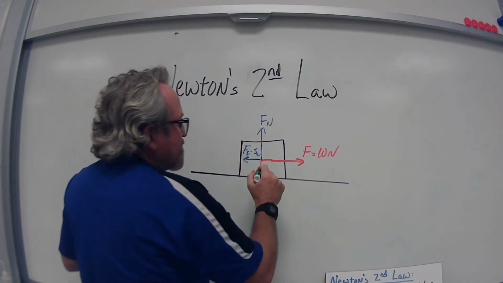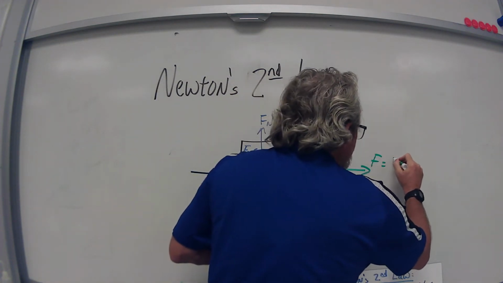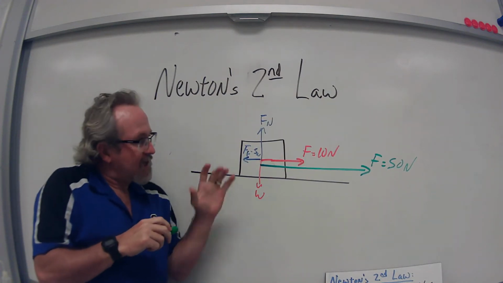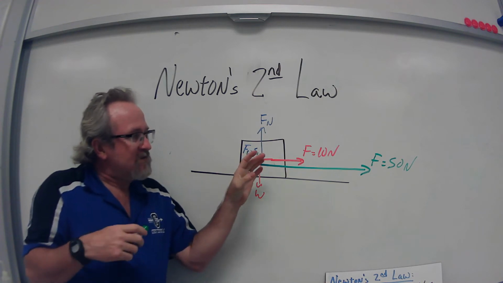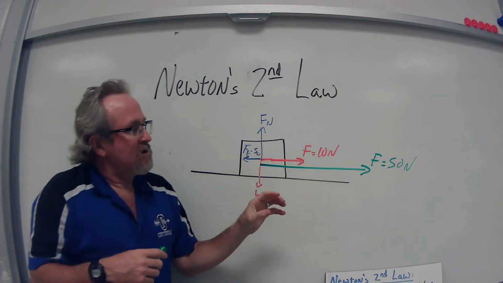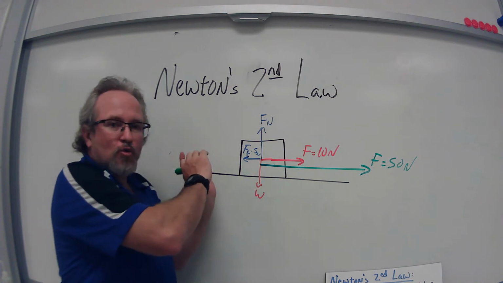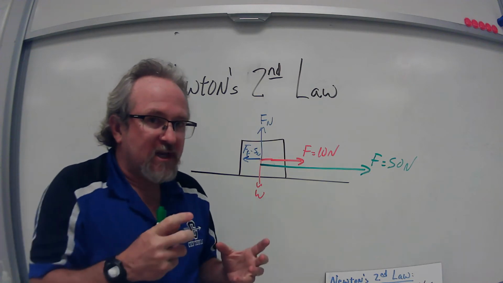But what if we provided a force of 50 newtons? Now think about this. I got more force going that way. The frictional force is still 5. Well, now I've got an even bigger net force. Well, a bigger net force is going to cause a much greater acceleration. That's the crux of Newton's second law.